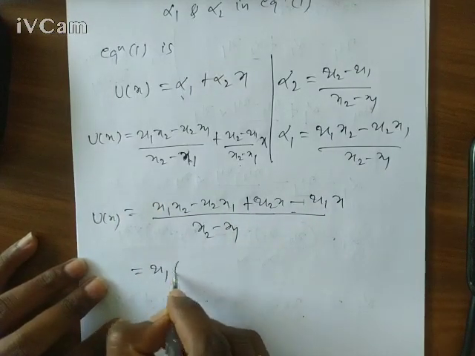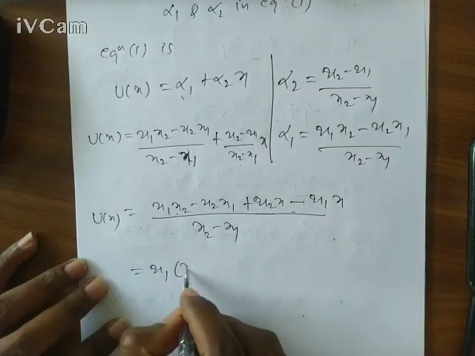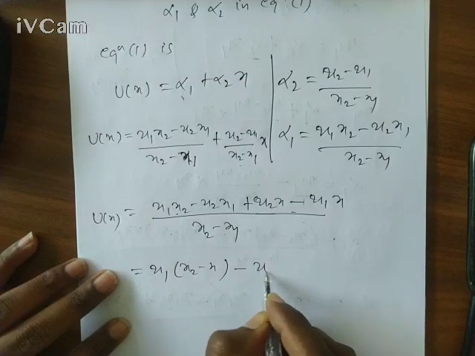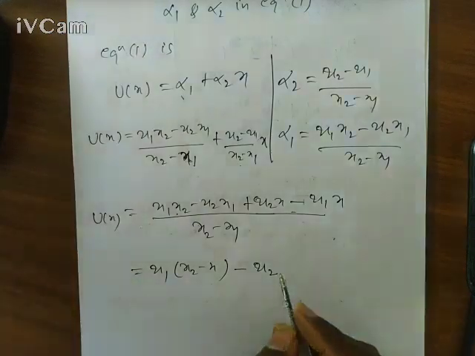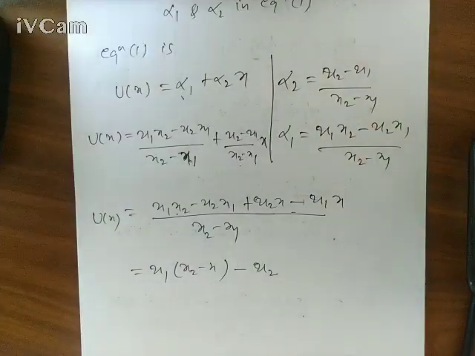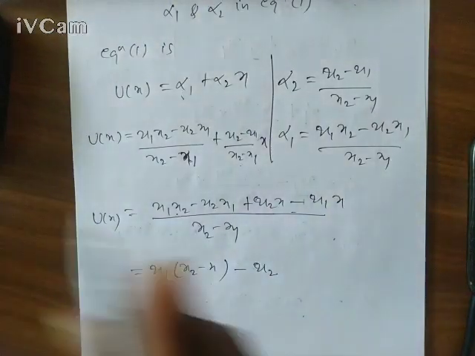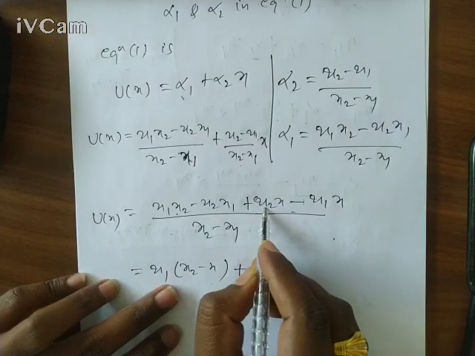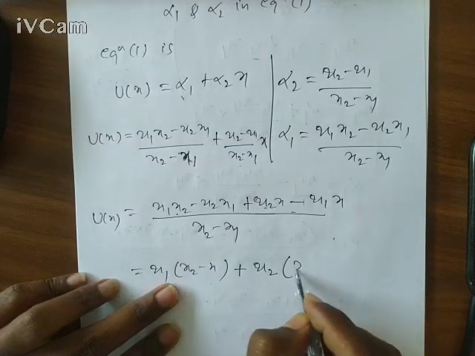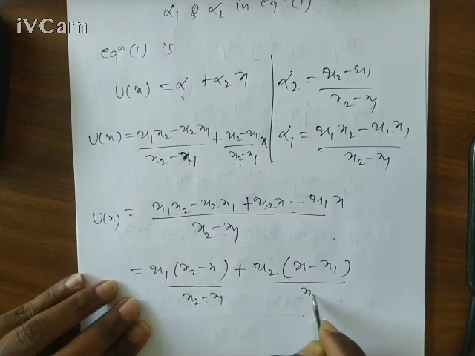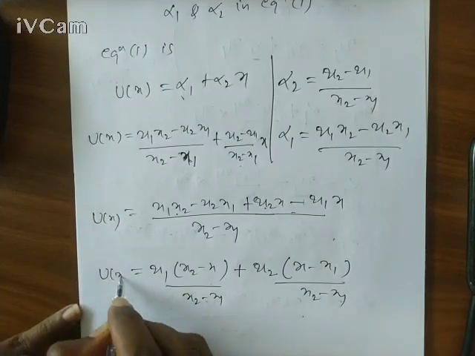If I take u1 common, I get u1 of x2 minus x, and taking u2 common, I get u2 of x minus x1, all divided by x2 minus x1.